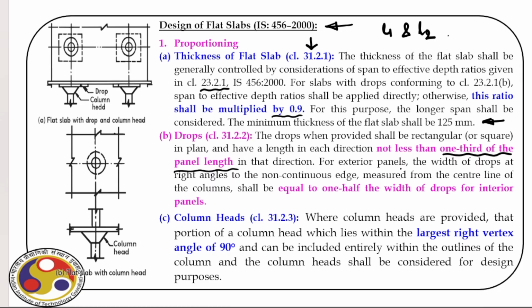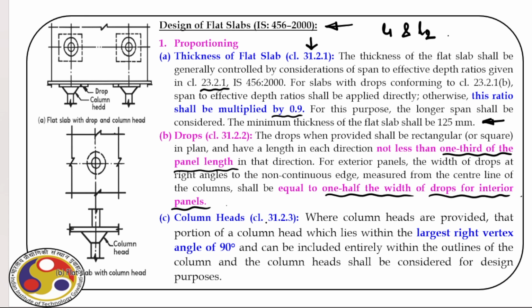For exterior panel, the width of drop at right angles to the non-continuous edge measured from the center line of the column shall be equal to 1/2 of the width of the drop for interior panels. Obviously, for the edge columns, it will have only one side. So that's why it is 1/2 of the width of the drop for the interior panels.